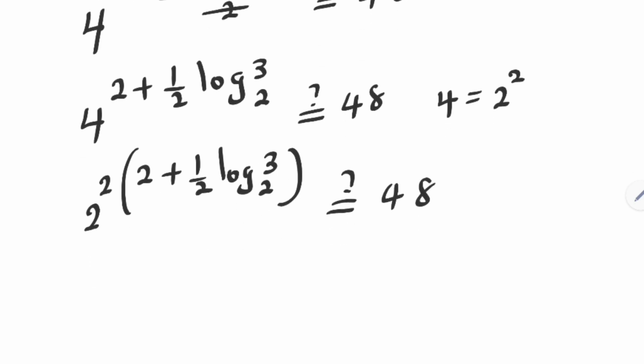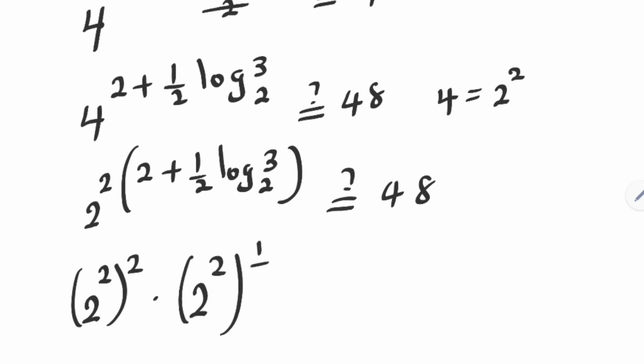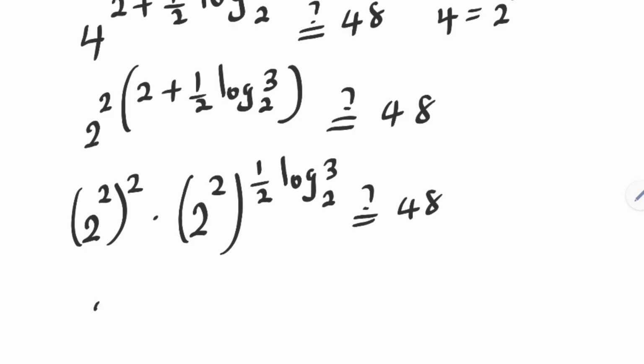Now this is 2 raised to power 2 to the power of 2 multiplied by 2 raised to power 2 to the power of 1 over 2 log 3 base 2 must be equal to 48. This is 2 raised to power 4 multiplied by, these two cancel these two.